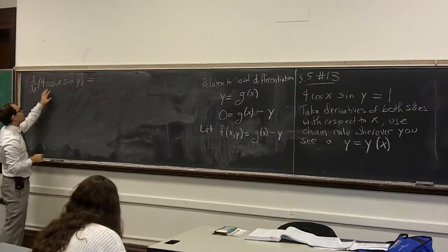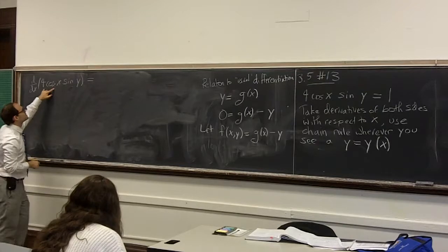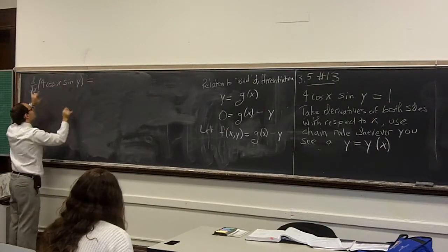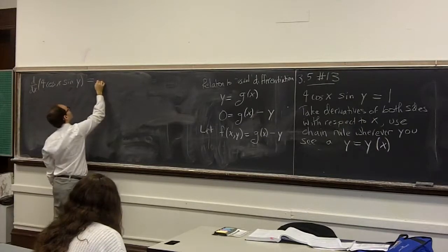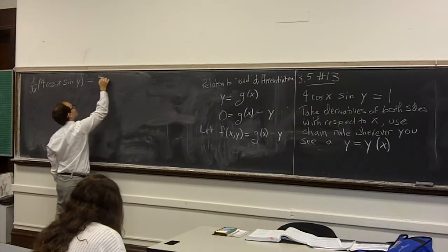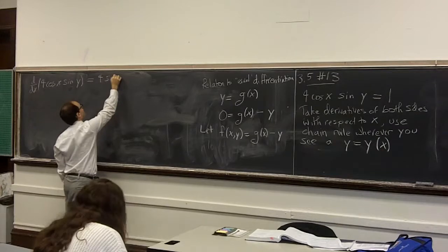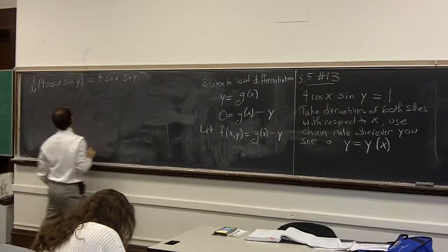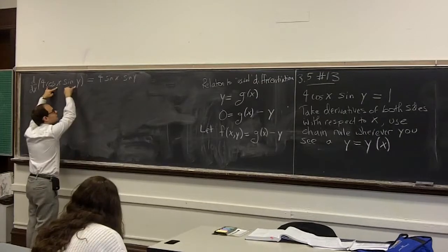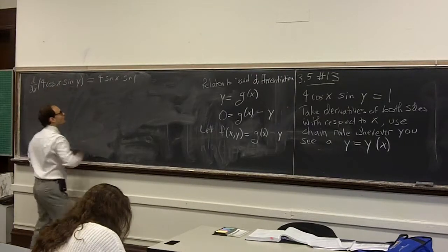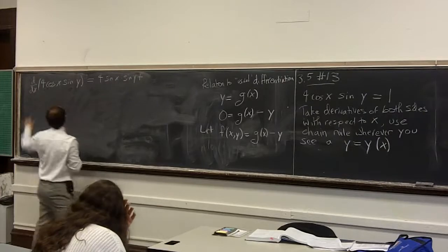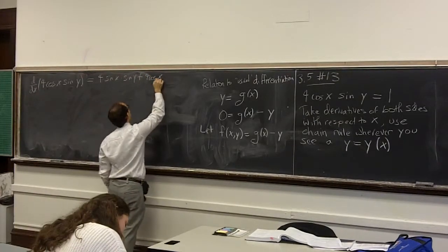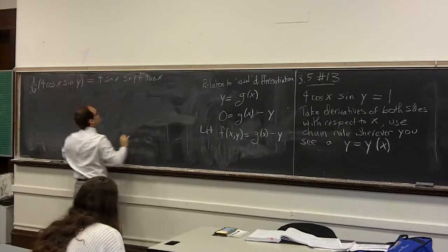It says I should take the derivative of this times this plus the derivative of this times this. So let's see, I guess that is 4 sine of x times sine of y. That's the derivative of this times sine of y. Now I'm going to add to it this left alone times the derivative of this.